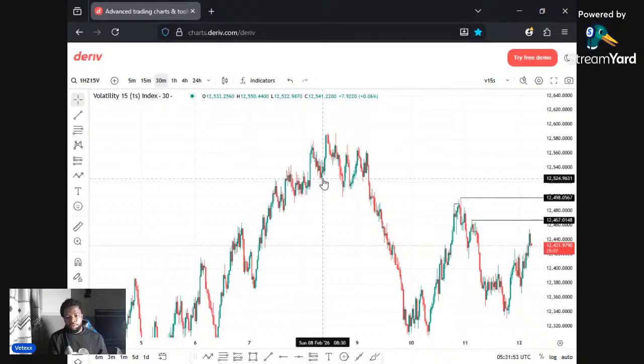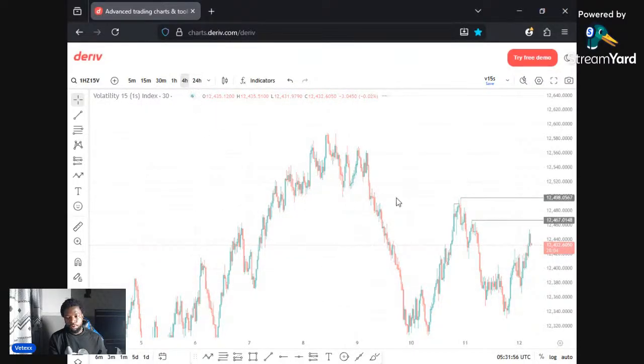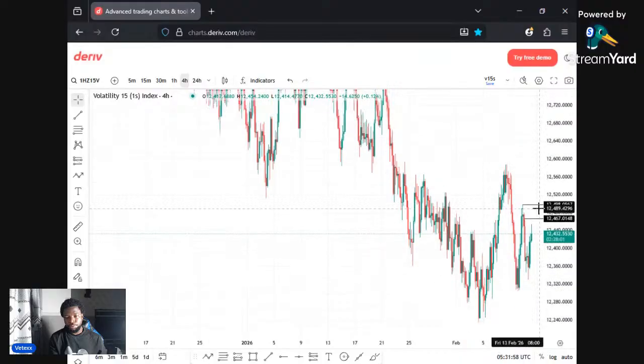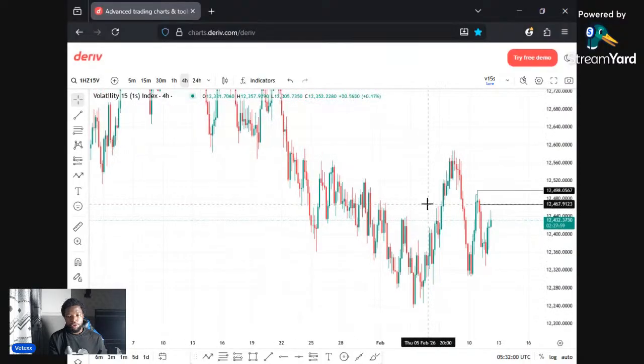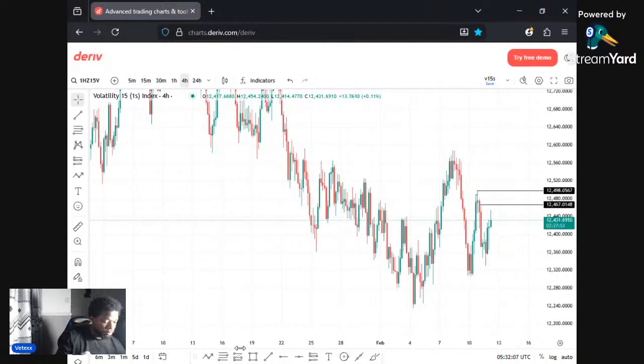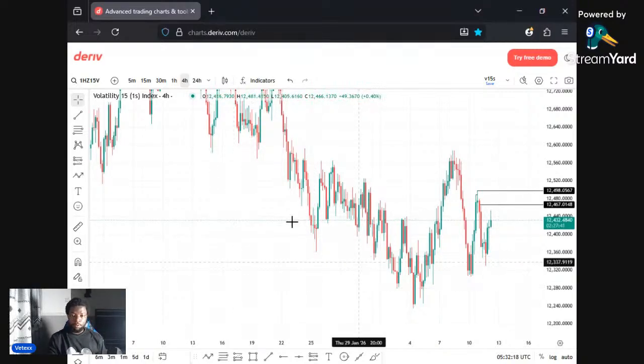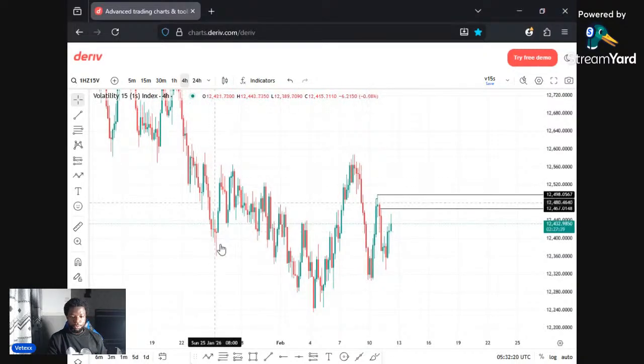V15 index has been bearish. Let's take the 4-hour time frame and see where it's coming from. It has been bearish from the 4-hour time frame. The price is coming from this point.